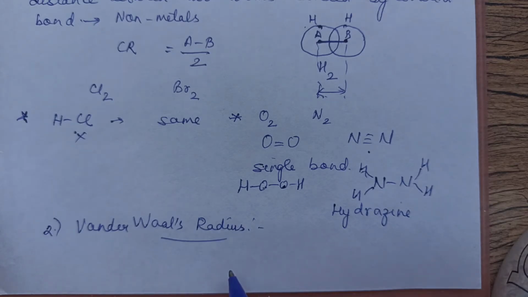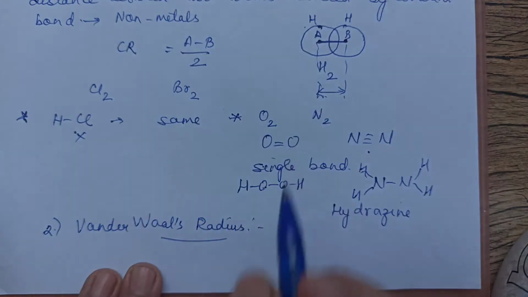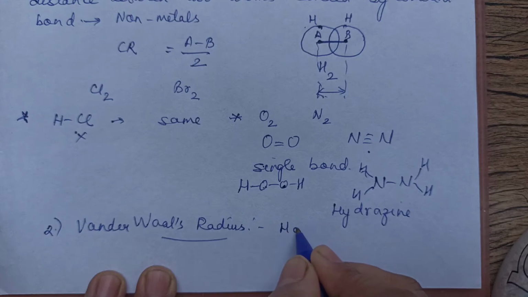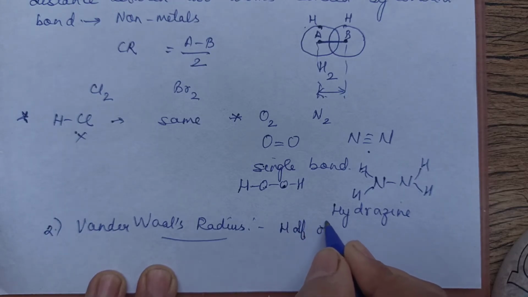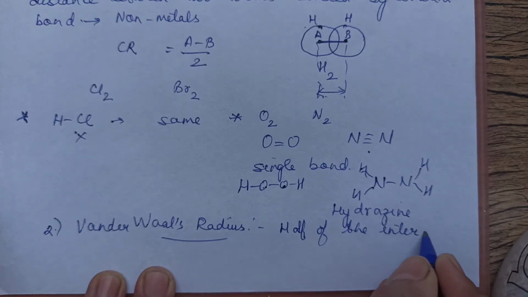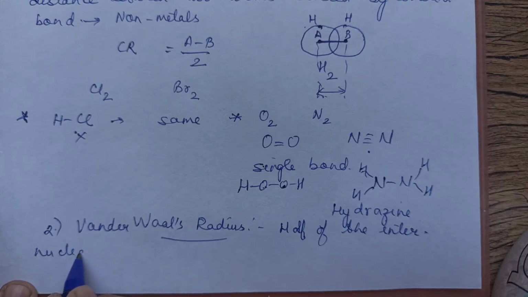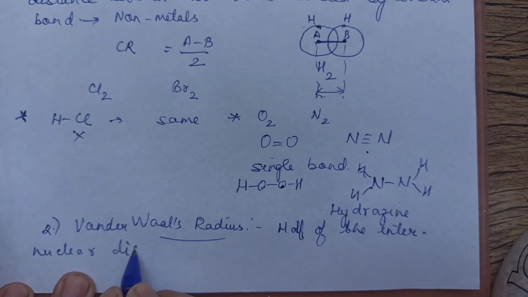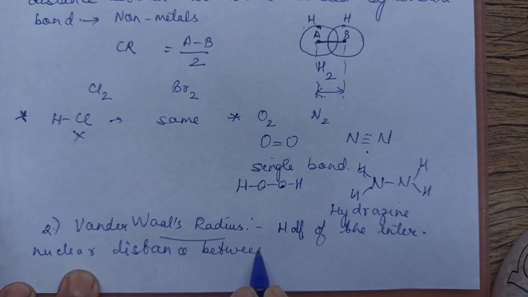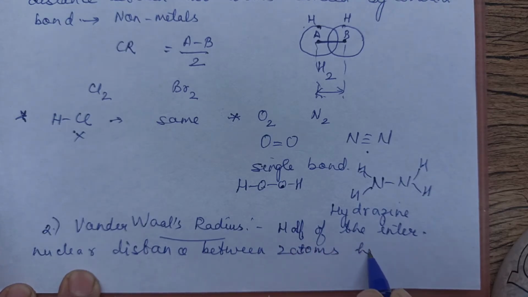Now how will we define Van der Waals radius? Similar definitions can be given for all. We can write Van der Waals radius as half of the internuclear distance between two atoms held by Van der Waals forces.